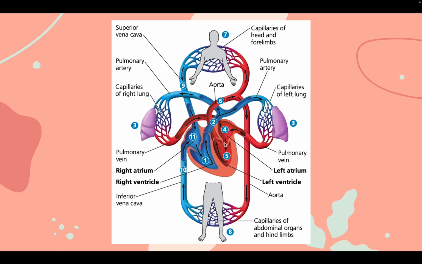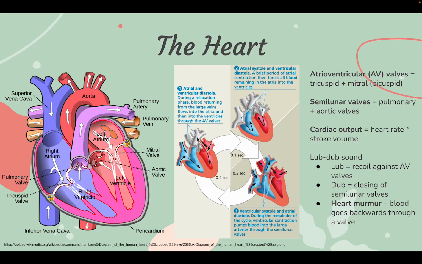And it's going to go to the left ventricle, get pumped out into the aorta, which delivers it to the rest of the body, and it comes back through the superior and inferior vena cava into the right atrium, and it starts to cycle again.